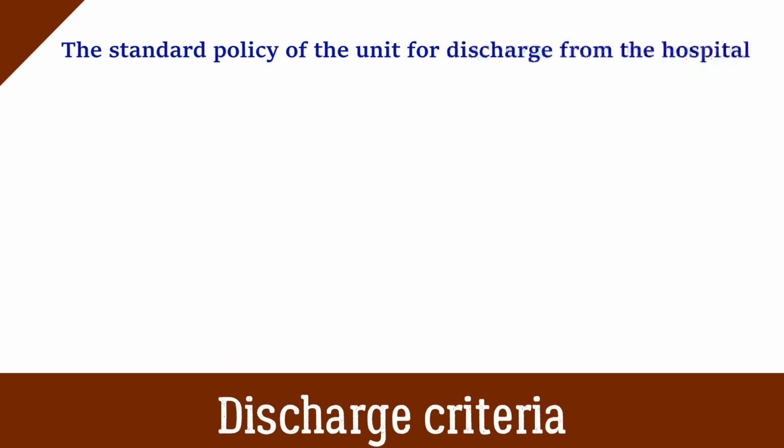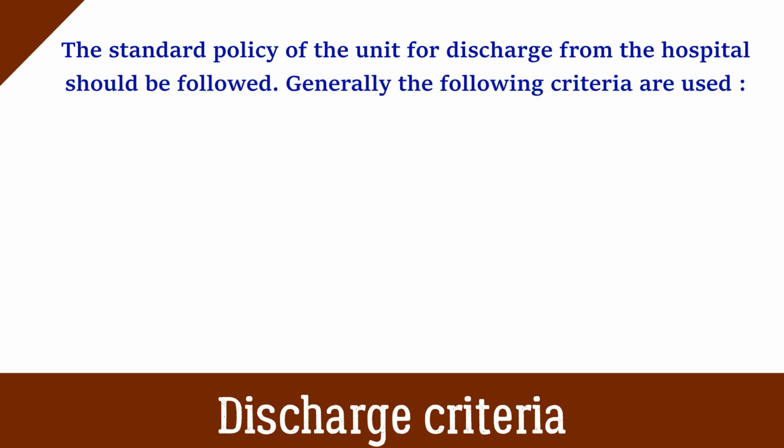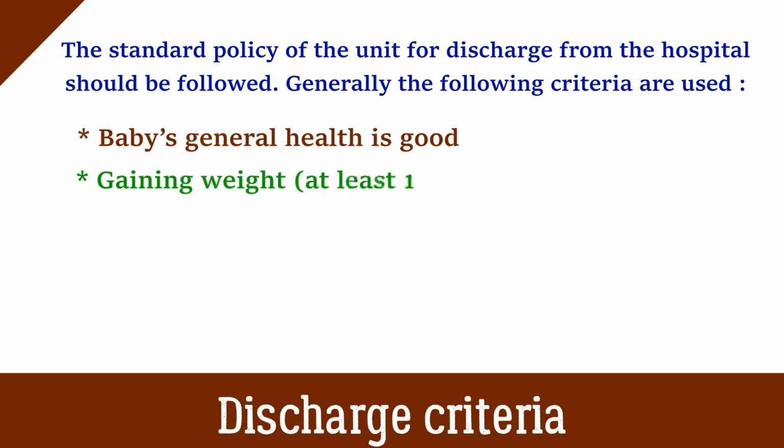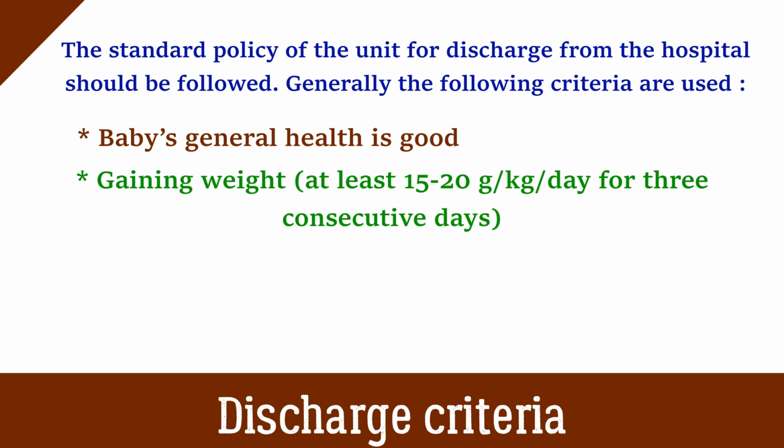Discharge criteria. The standard policy of the unit for discharge from the hospital should be followed. Generally, the following criteria are used. Baby's general health is good. Gaining weight, at least 15 to 20 gram per kilogram per day for 3 consecutive days.